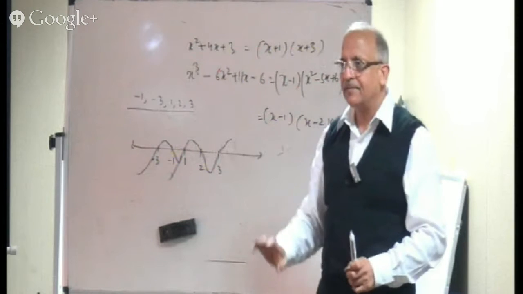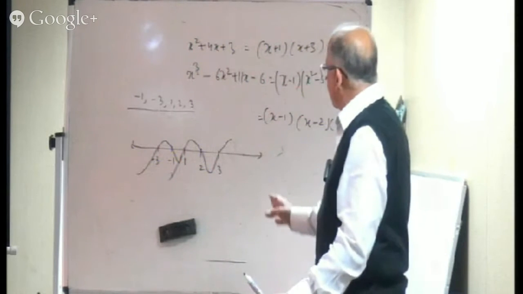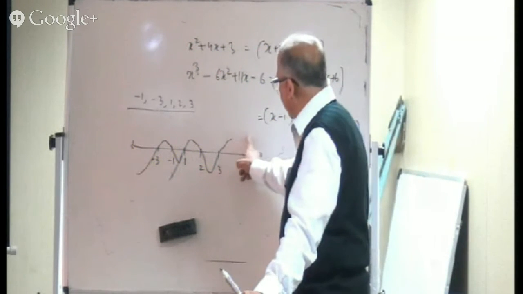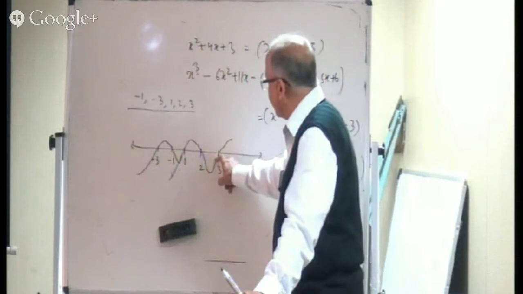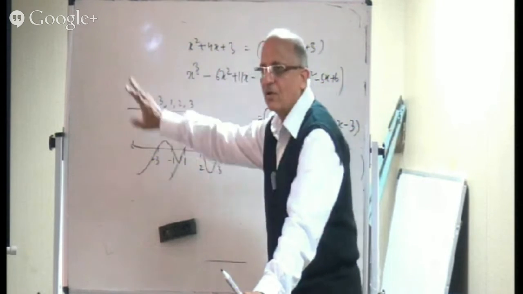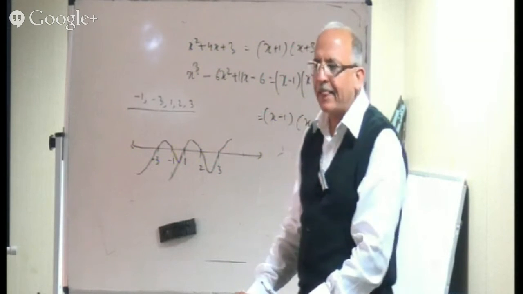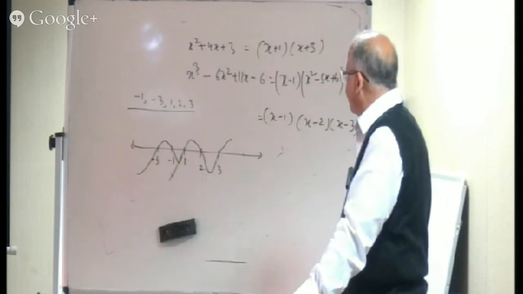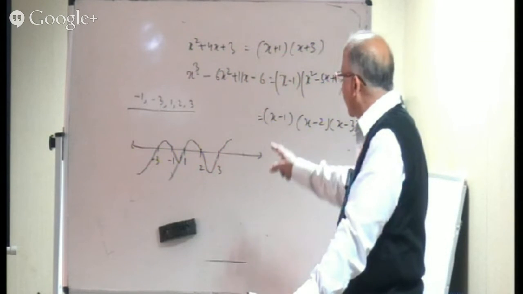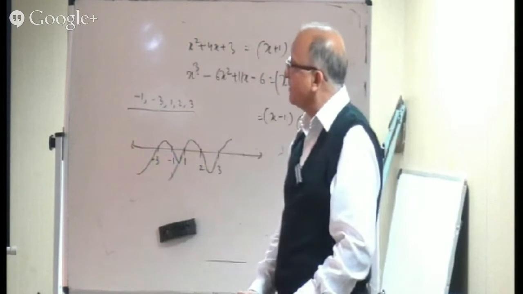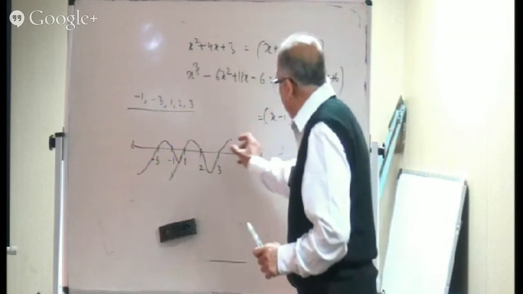So for greater than 3 it will be positive, in this interval it will be negative, and this will be positive, and so on. Apply this technique. You can check for any one of them. Suppose you choose any value greater than 3, it will come out to be positive. So these are the intervals when it is going to be positive.